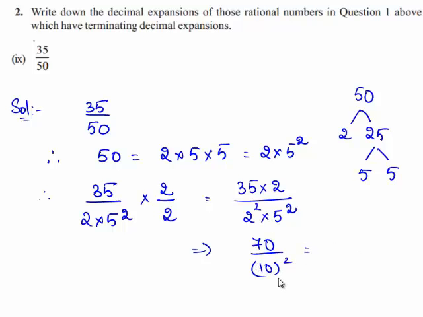Since in the denominator we have 2 zeros, so we shift the decimal point 2 places towards left. Therefore the decimal expansion is 0.70, that is equal to 0.7. Therefore the decimal expansion for the rational number 35 upon 50 is equal to 0.7.